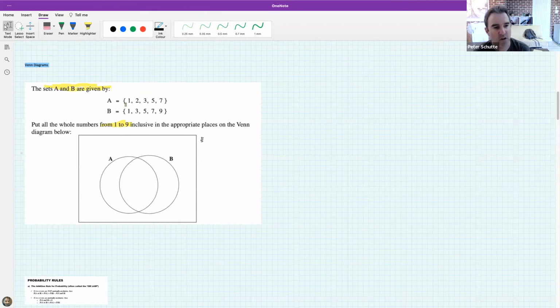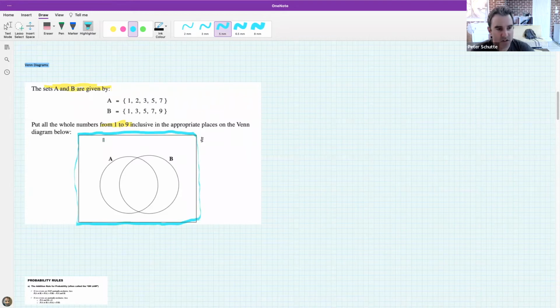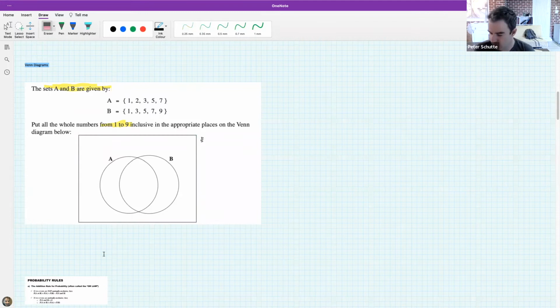The sample space S is the whole thing, so it's the rectangle. Within the sample space there are events A and B, and you need to figure out where each of the individual outcomes goes. Once you're done, just let me know in the chat.